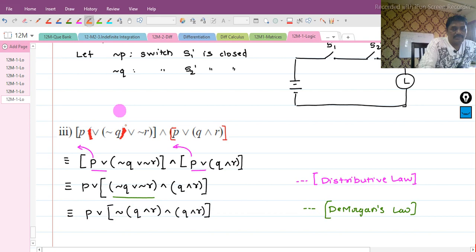Now look at this. This is looking like P and negation P. P and negation P is always false. This is called the complement law.